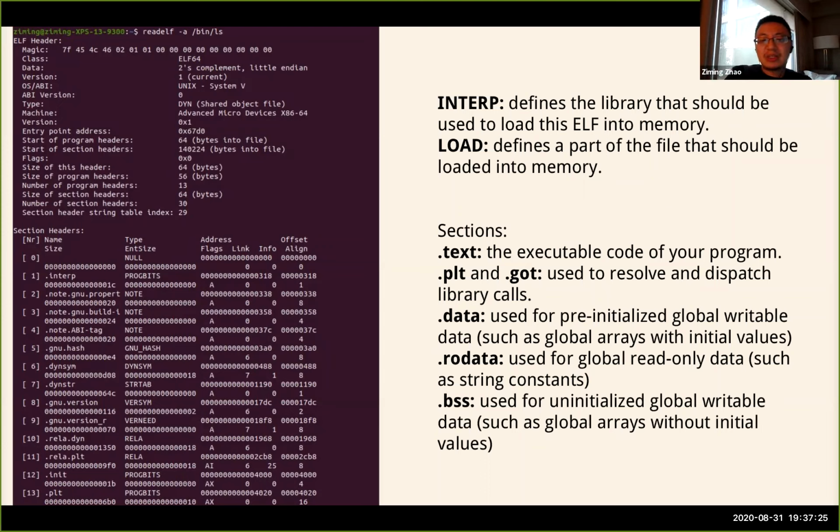In these cases, they may have different virtual addresses in different processes. Then the loader needs to resolve those addresses and put them into these locations. So in the file, they reserve those places, and at runtime, this will be updated.